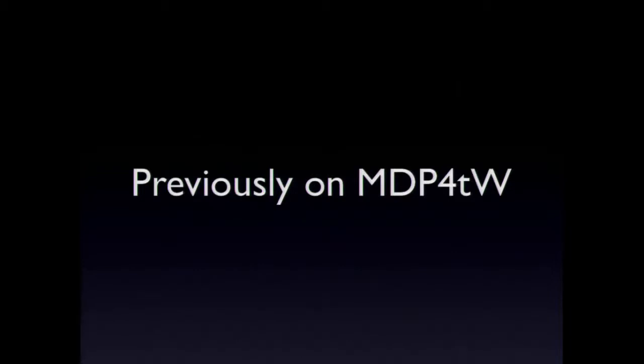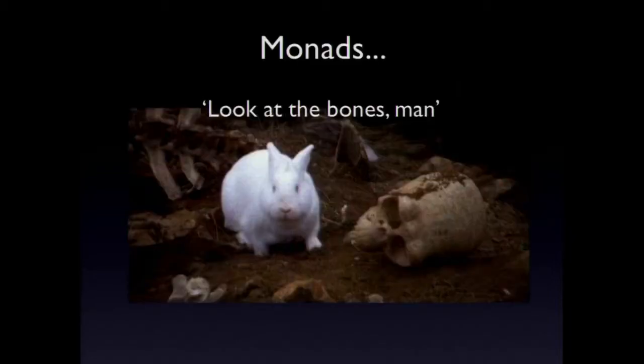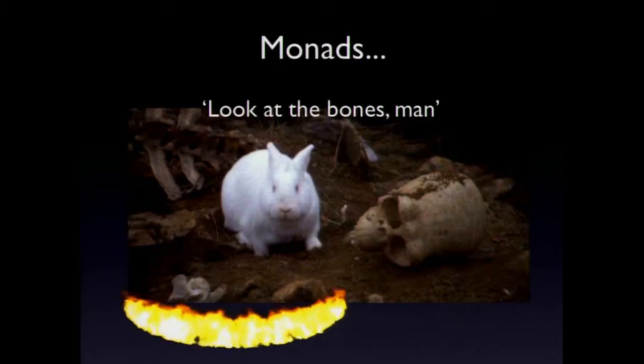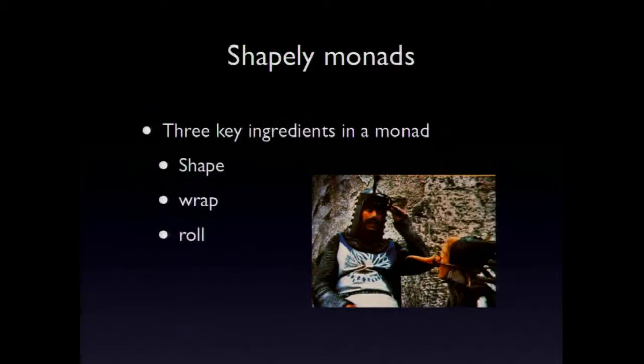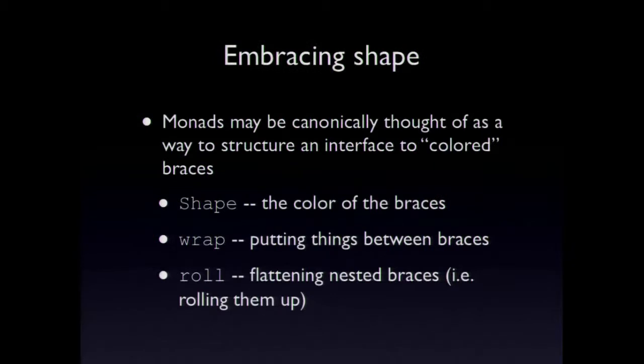So previously on monadic design patterns for the web, we were talking about monads as funny, fuzzy, warm things, which is a joke from the Haskell community. Really the thought was that monads can be seen as shapely, in the sense that they have three key ingredients: shape, wrap, and roll. The idea was that we can build one canonical mental model, which is colored braces.